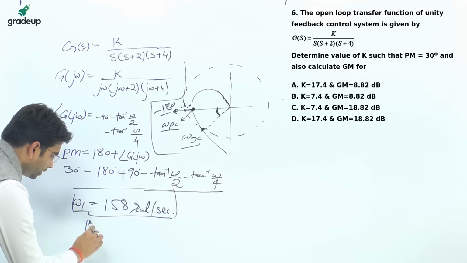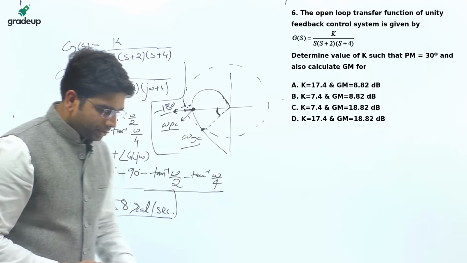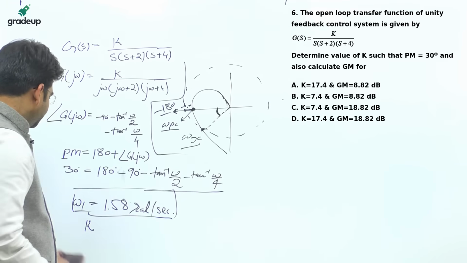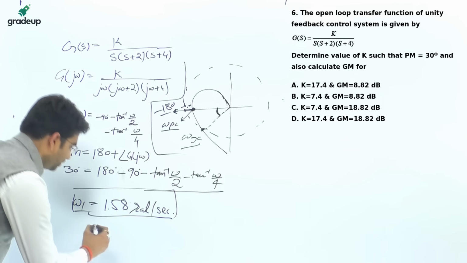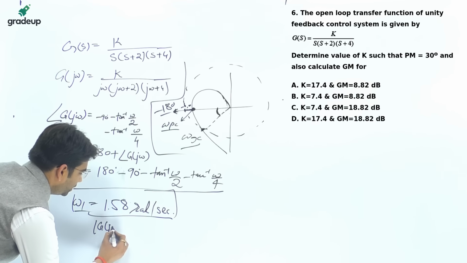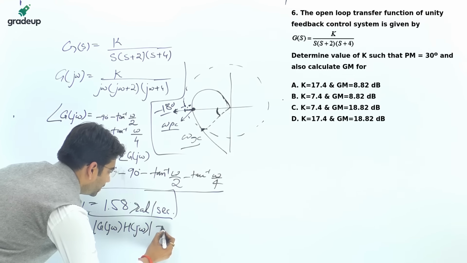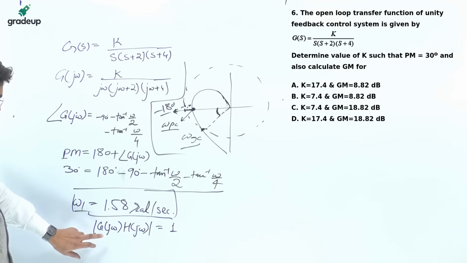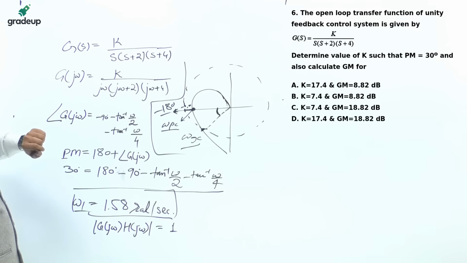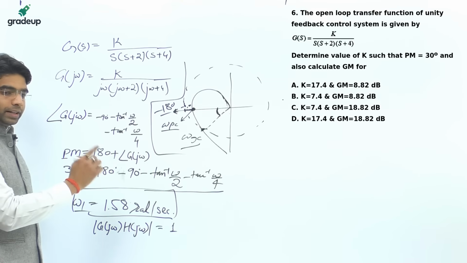So mod of G(s)H(s) equals 1. Mod of G(j omega)H(j omega) is equal to 1. This value you have to put in this equation, and then calculating the mod, get the answer.